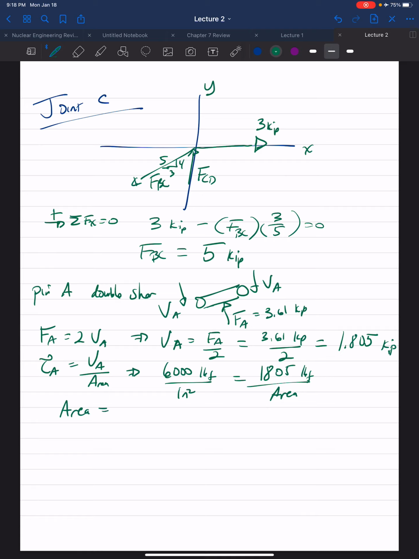Cross multiply and solve. Area is 0.3 inches squared.